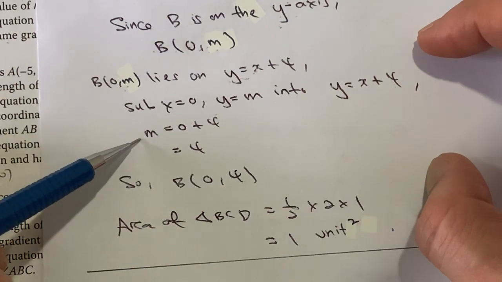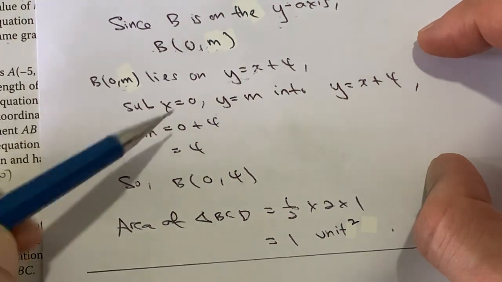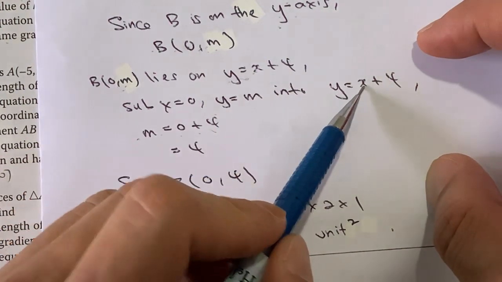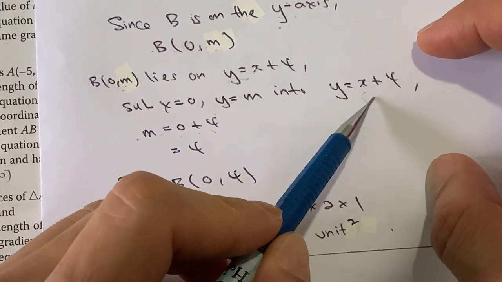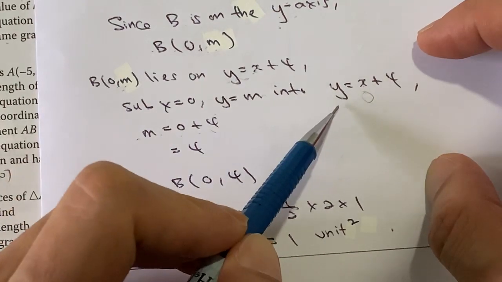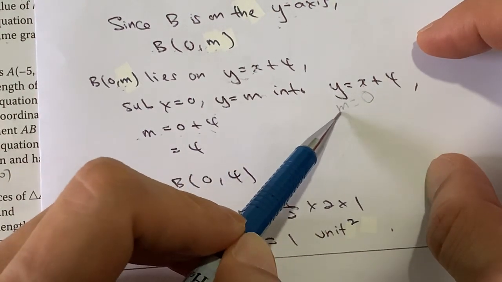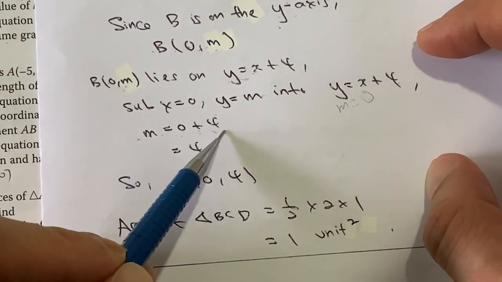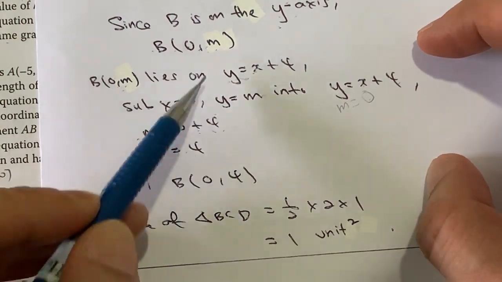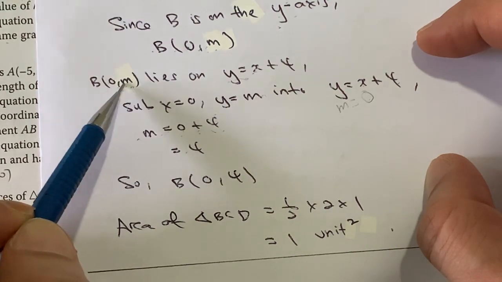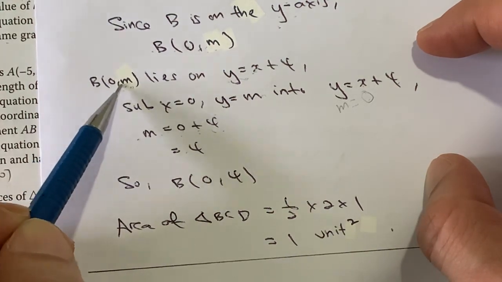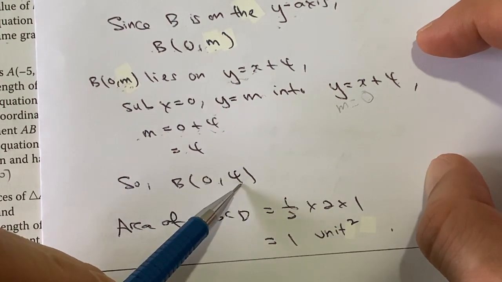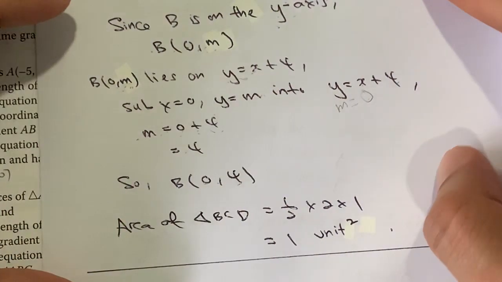So m equals 0 plus 4, which is 4. So m now becomes a value of 4. So B will be 0 comma 4. Once we know that B is 0 comma 4, we can update this in the diagram.